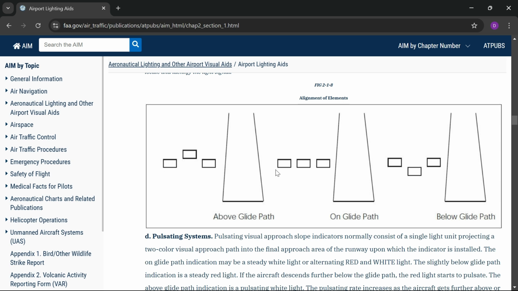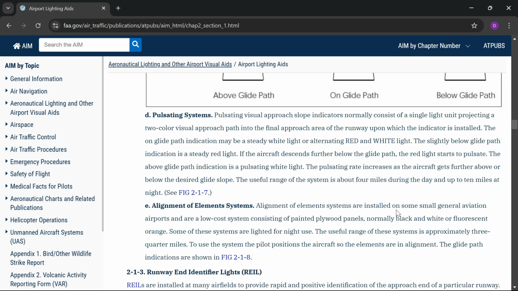If you're on the glide path, it will look like they're in a straight line. If you're below the glide path, then those boards will look like this. You have one further, the middle one is closer to you, and then the right one is further away.